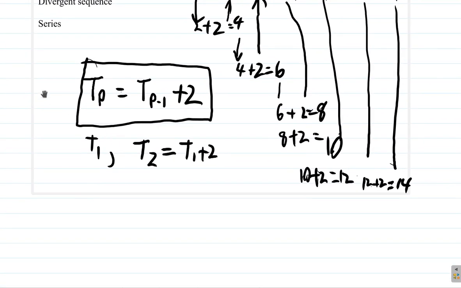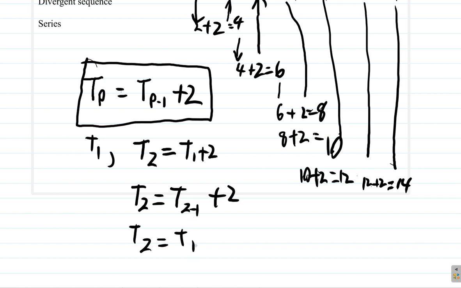Now the way our general rule would work here is to say T2 is equal to T(2 minus 1) plus 2. Because here, 2 minus 1 is 1, T1 plus 2. So our general rule here works.